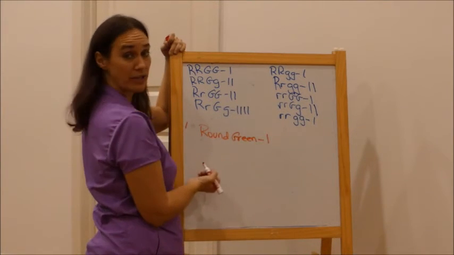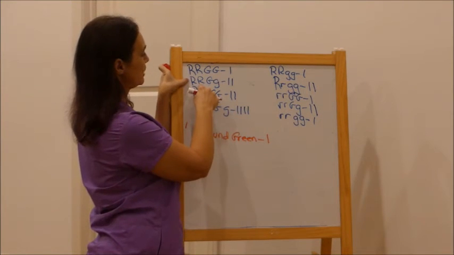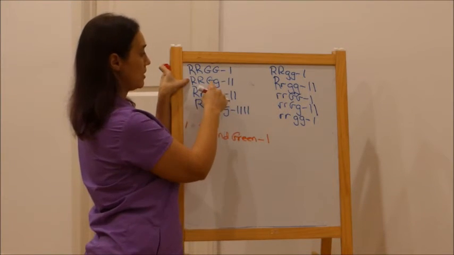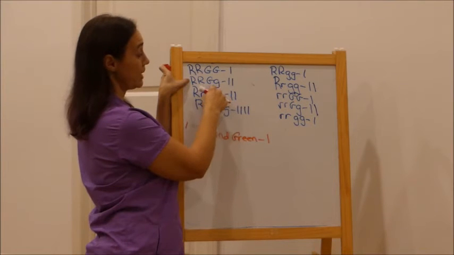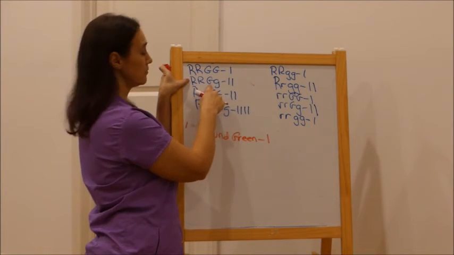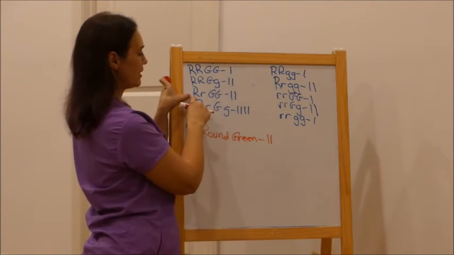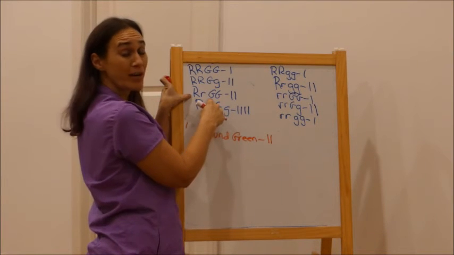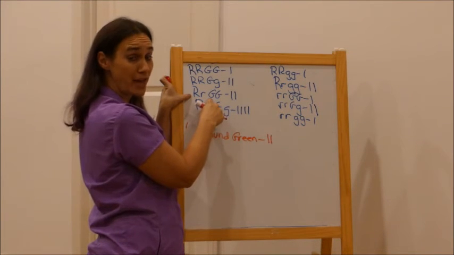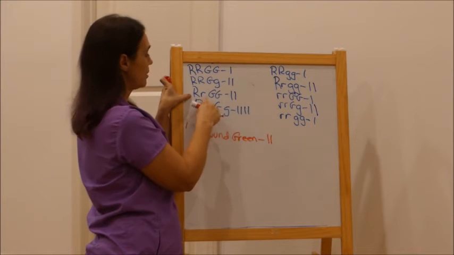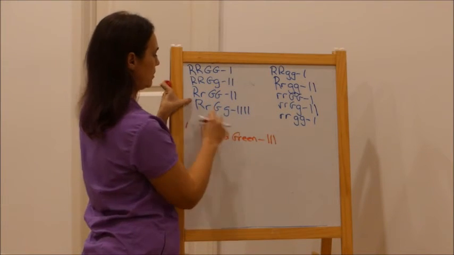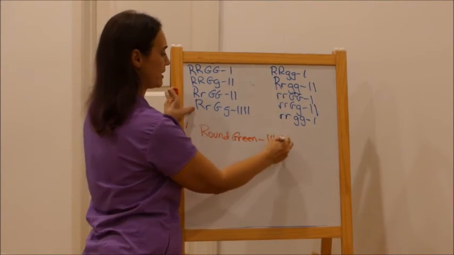Okay, we have one round and green. This one is round, okay, and green. It's heterozygous, but it's still green. This one is round and green. Remember, as long as there's a capital letter for that trait, it's dominant. So this one's round and green also. Look at this one, round and green.